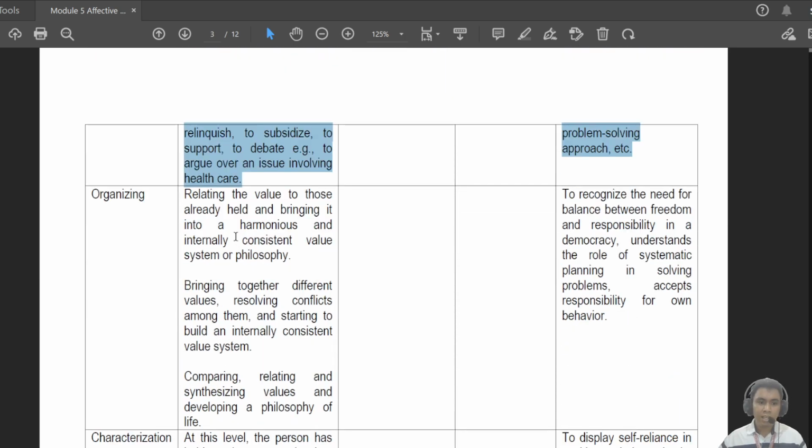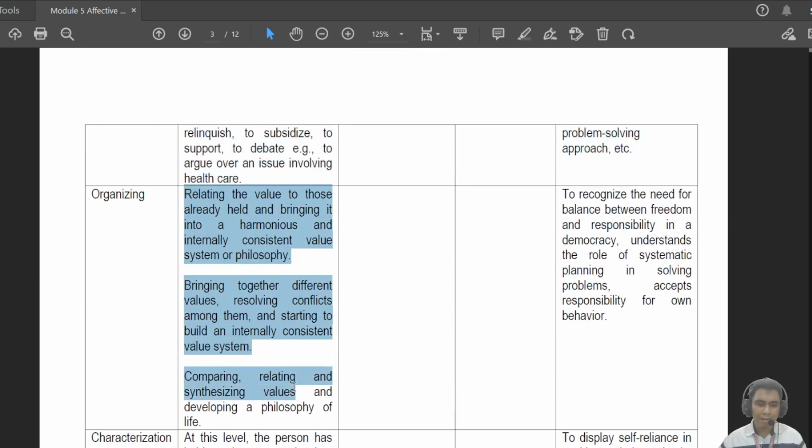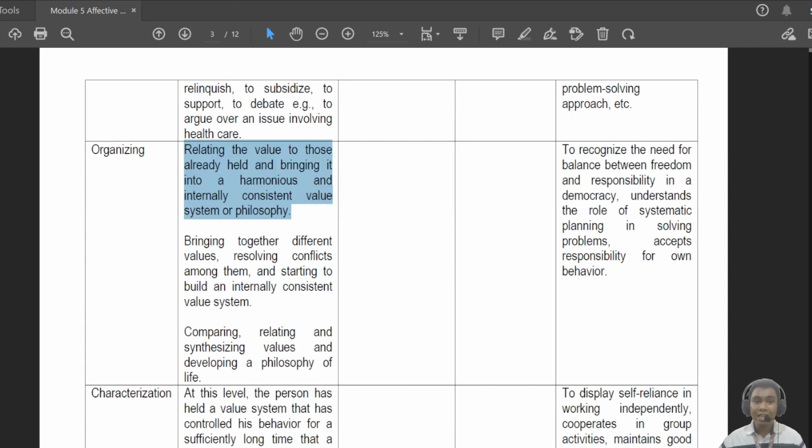Okay? So next you have organizing. Okay, mahaba-haba ito, ang dami-dami. Basahin natin isa-isa. According to Corpuz Salandanan, ang organizing ay number 1, relating the value to those already held and bringing it into a harmonious and internally consistent value system or philosophy. Now, every one of your students get value from the new lessons that they are exposed to. Now, yung mga bagong lesson, minsan merong conflict doon sa kanila ng nalalaman.